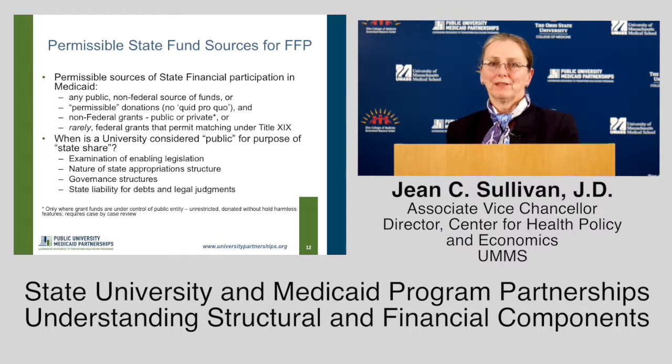Is it ultimately liable for the debts and legal judgments that might be pressed against the university? That's key. If the state is ultimately liable for the payment of that, that's considered public. And also governance structures. If the university is run by a board, are the board members appointed by the governor?